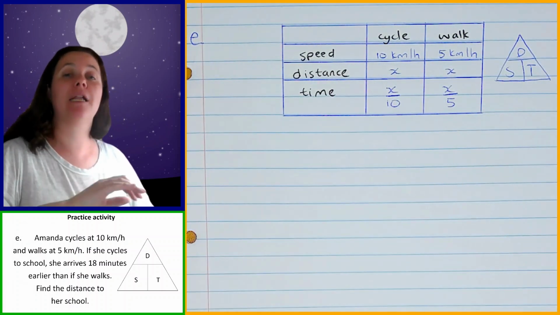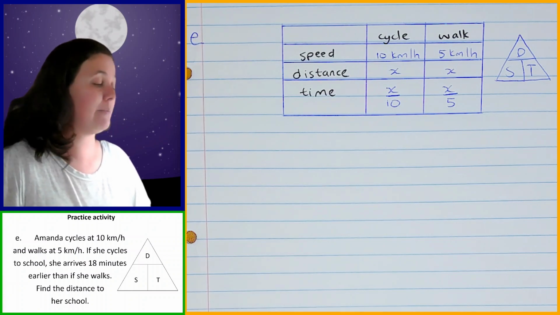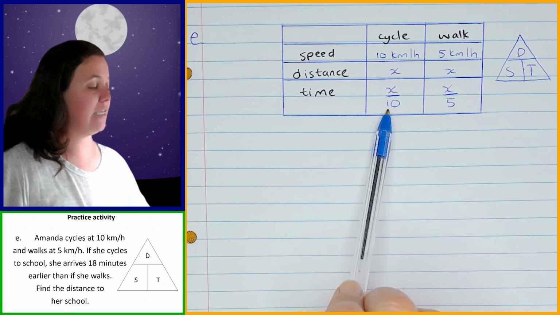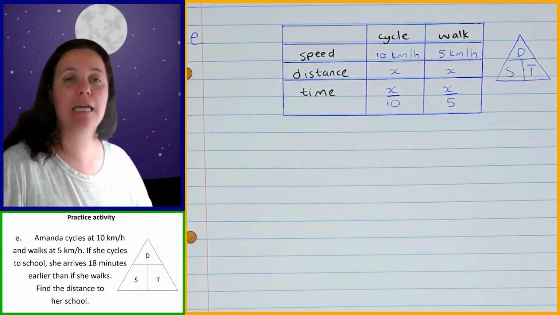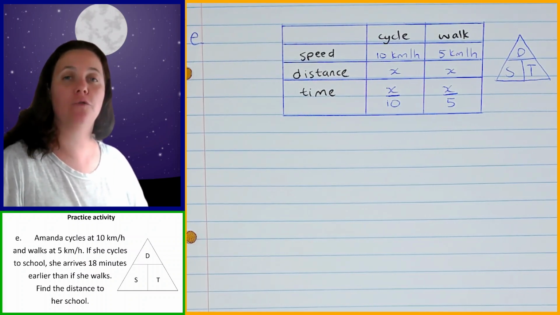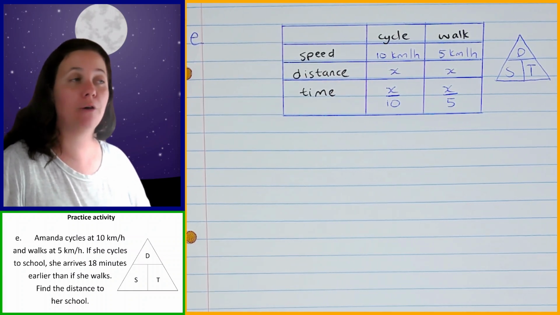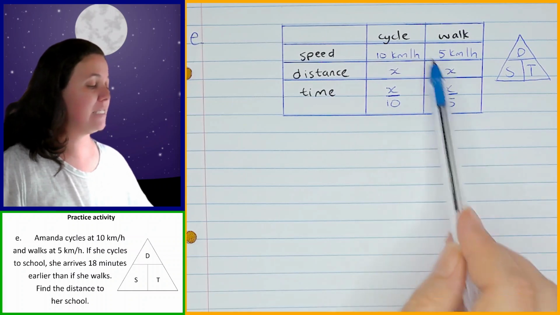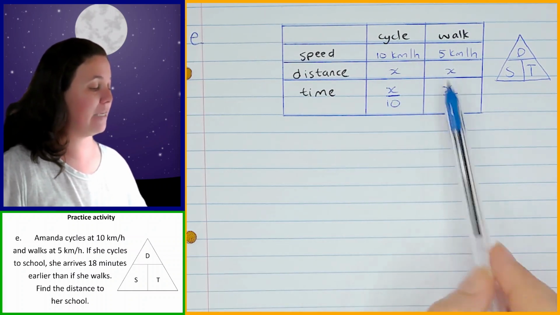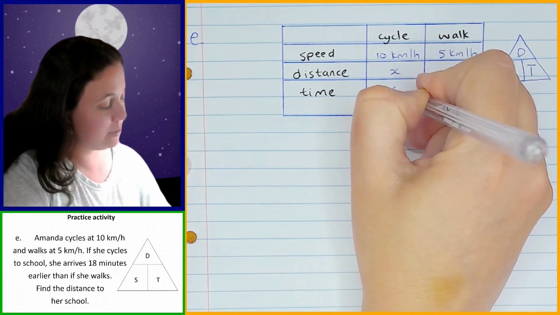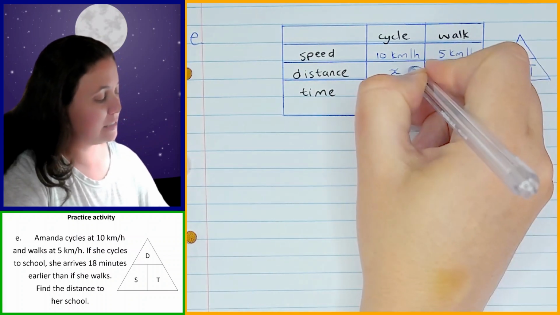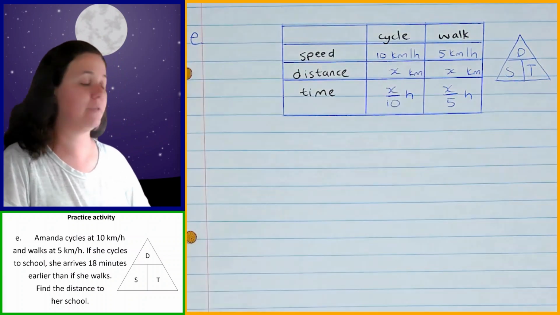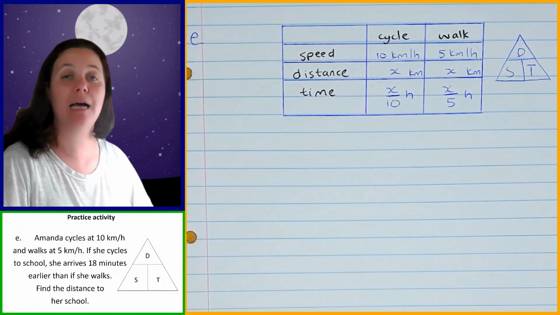Okay, so now I've got her time in terms of x. They've given me the relationship between the two different times, the difference between them. So now I can use the 18 minutes to help me solve for x. The problem is that 18 minutes is not the correct unit of measurement, because the speed is in kilometers per hour. So the time is going to be in hours. The distance is x kilometers, and the time is x over 10 hours and x over 5 hours.